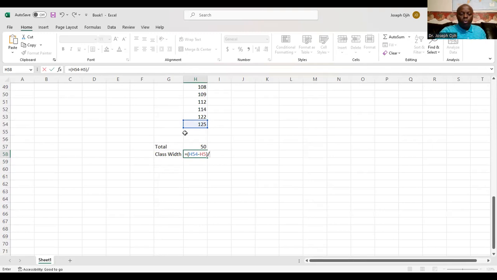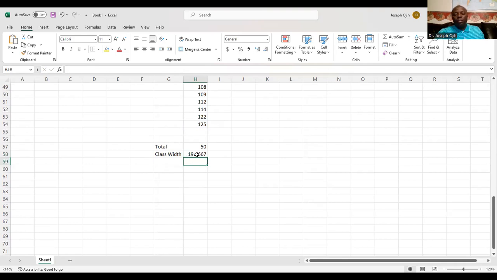It says 6 classes, so put 6 there. It gives you 19.667. Usually we make it a whole number, so we can reduce the decimal places. It's 20. 20 is the class width.